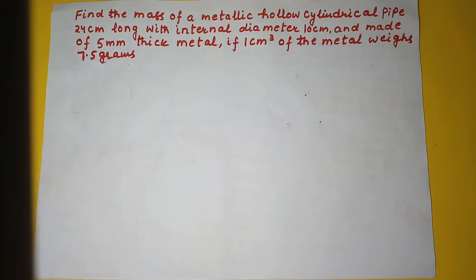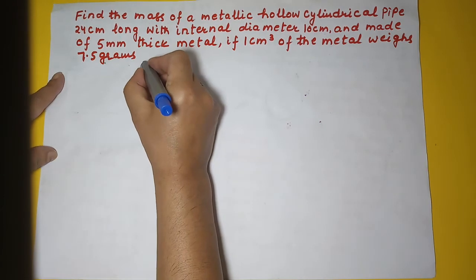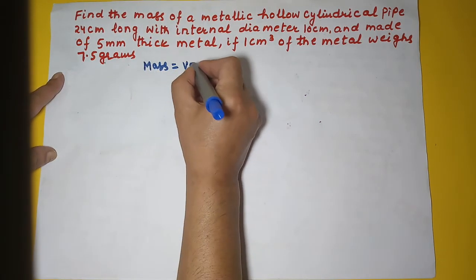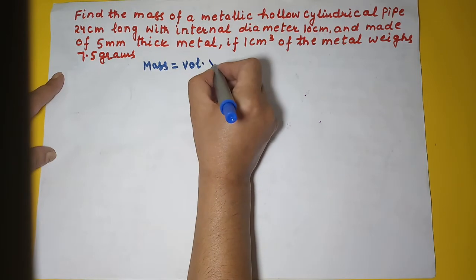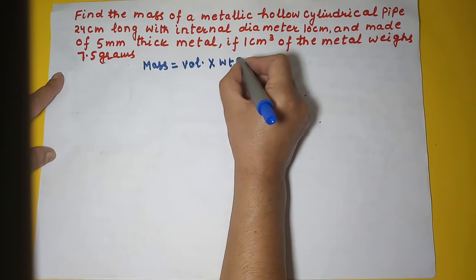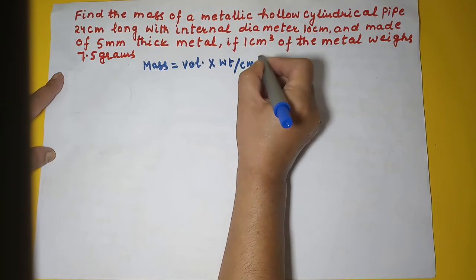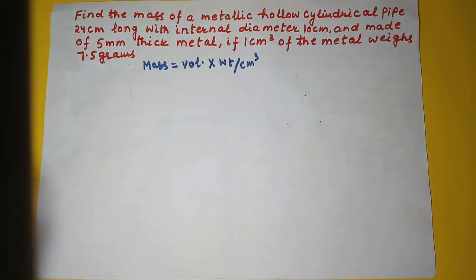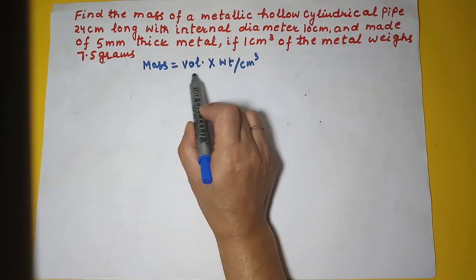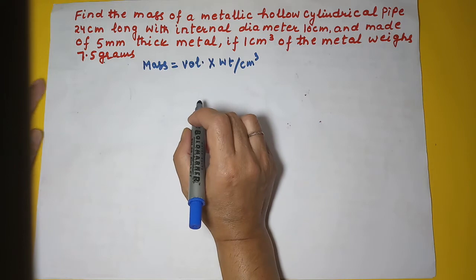Now two things here. One, how do we calculate the mass? We calculate mass as volume into weight per centimeter cube, right? So now it means that we have to calculate the volume of this metallic hollow cylindrical pipe.